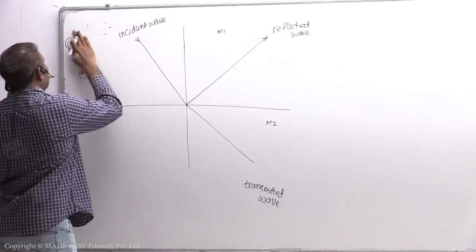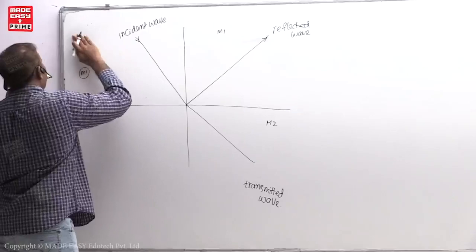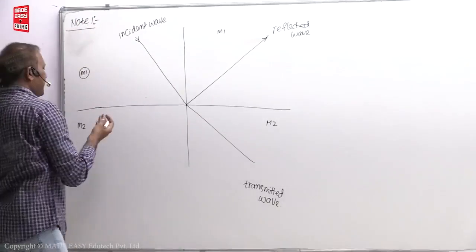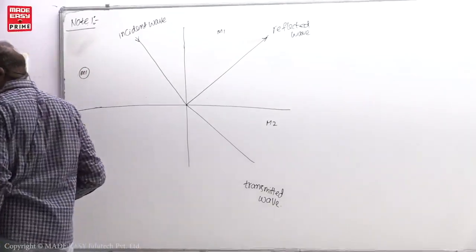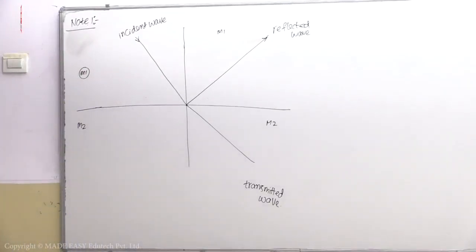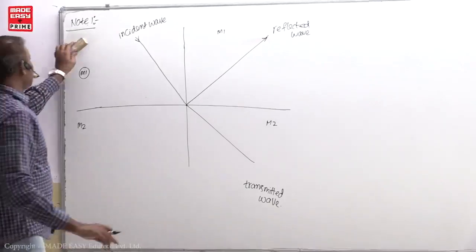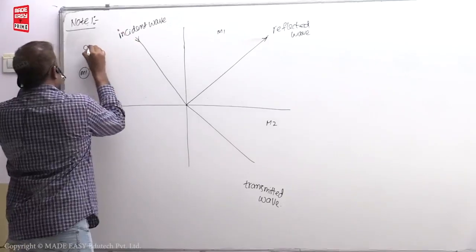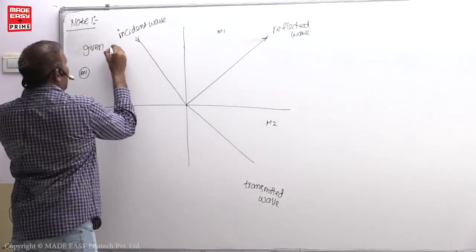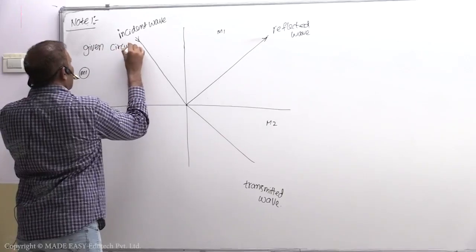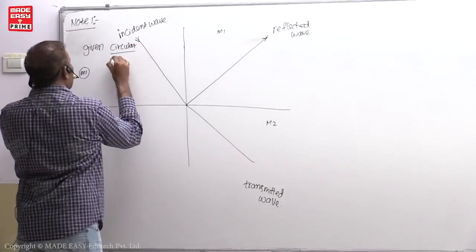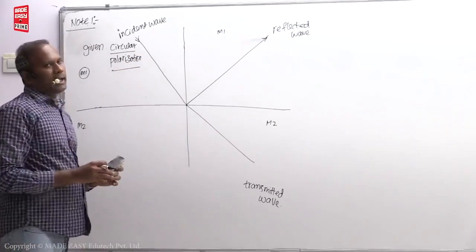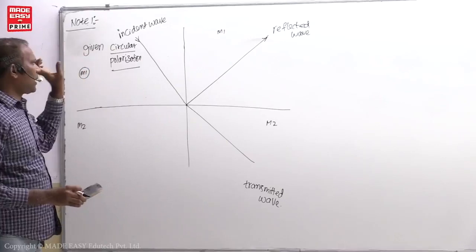Now what is the question? It is given, actually it is note 1. So this is medium 1. This incident wave is given as circular polarization.